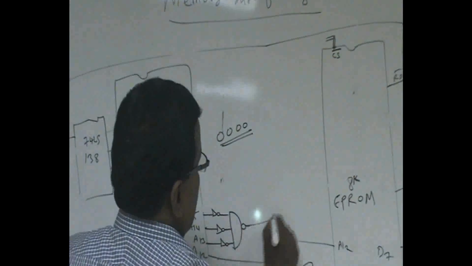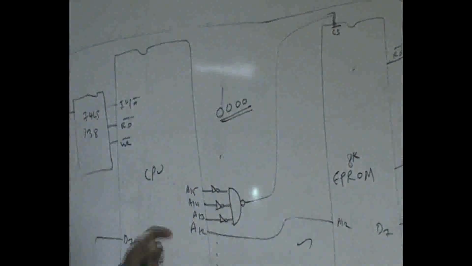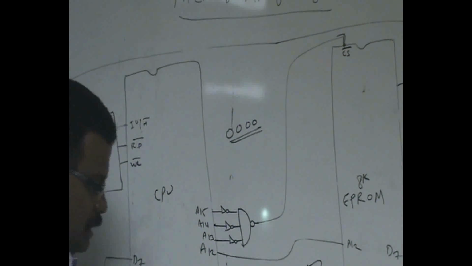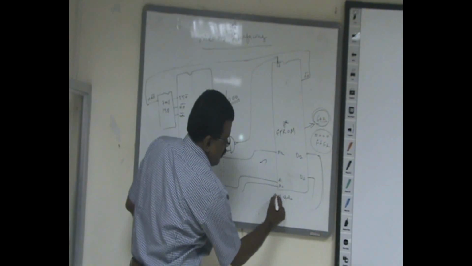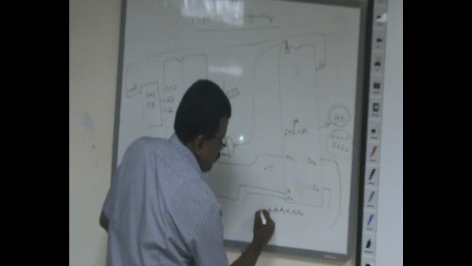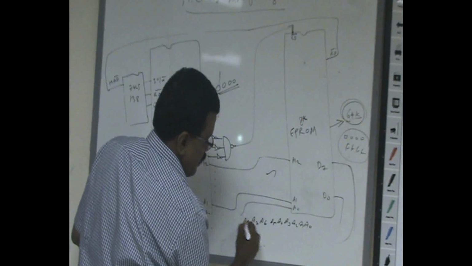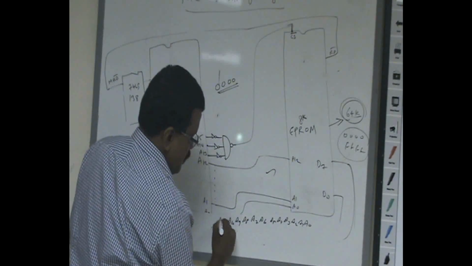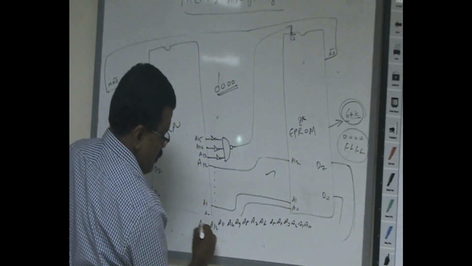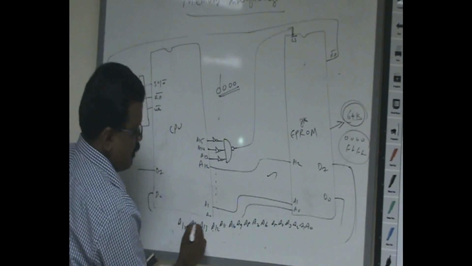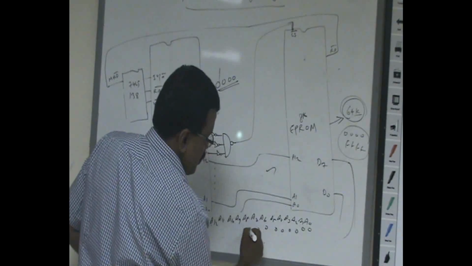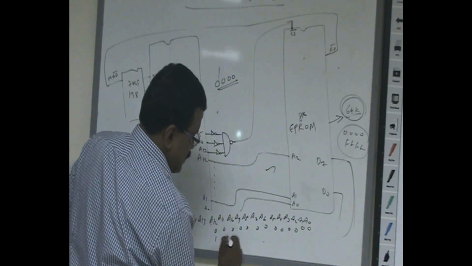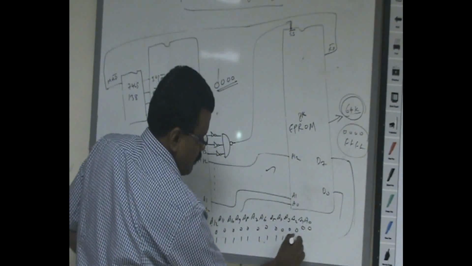Now, if you form a decoding address from this, A0, A1, A2, A3, A4, A5, 6, 7, 8, 9, as far as A0 to A12 is concerned, all may be 0, and the maximum combination is all 1.